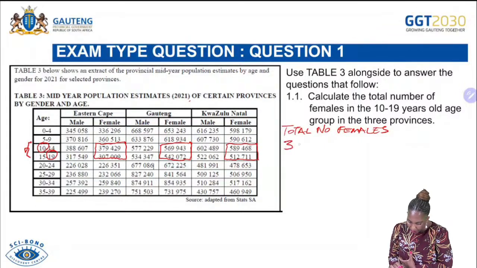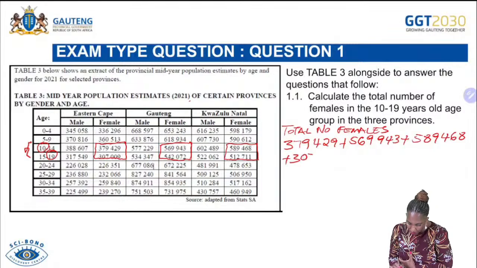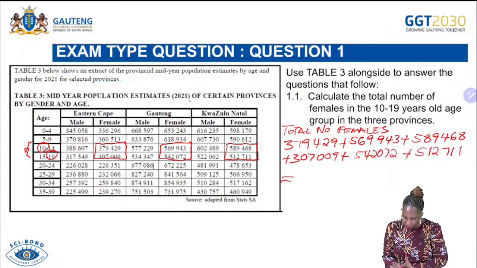We say 379,429 plus 569,943 plus 589,468 plus 307,009 plus 542,072 plus 512,711. And then now we want the total.